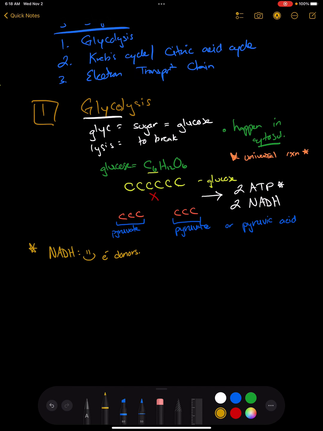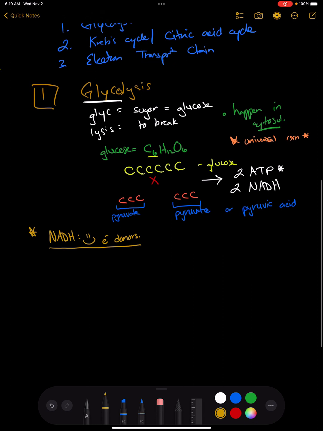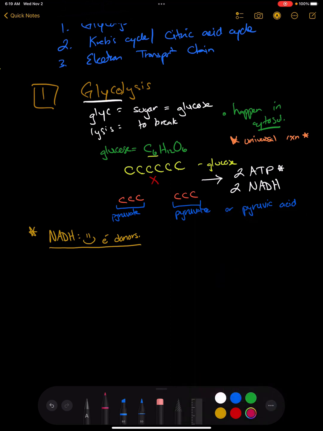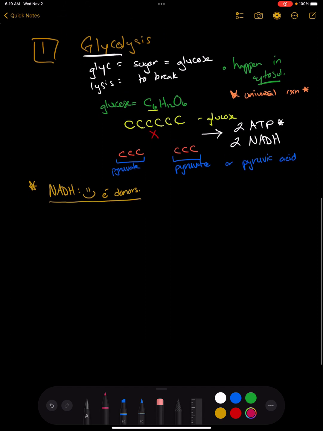So just remember that. NADH are really good electron donors, and I'm going to need them later on. Okay, so that's glycolysis. That's my first step. There's only 3, technically. The first one is glycolysis, where I take sugar, I break it apart, I get energy. But it's not enough energy to fuel my life processes, so I have to keep going on.